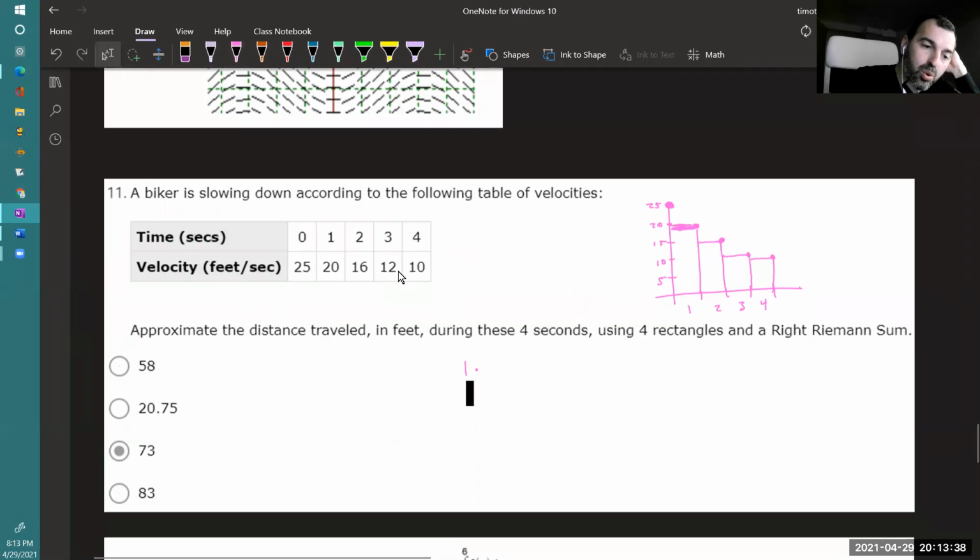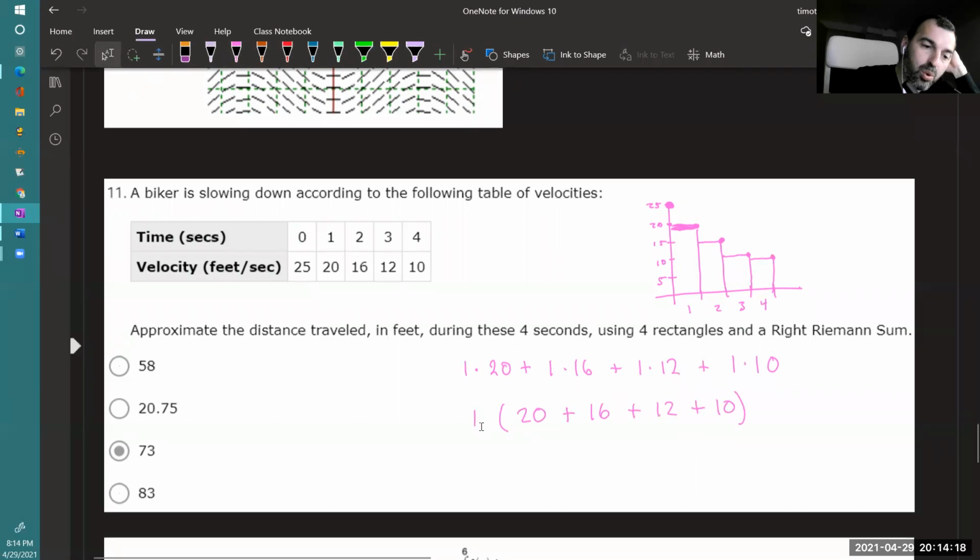Oh, it was supposed to be right there. 1 times 20 plus 1 times 16, plus 1 times 12, and plus 1 times 10. Notice this 1 is always the same. So we could factor that out, and it's just 20 plus 16 plus 12 plus 10. That's what you would really do.